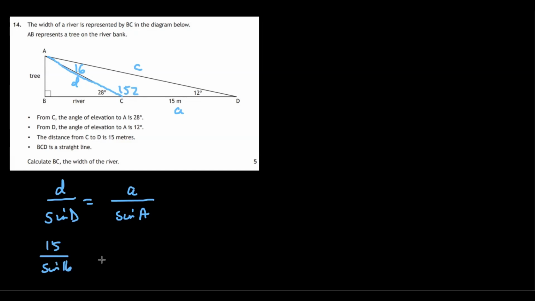So a over sine a equals d over sine d. So sine d is just sine 12. So that's d. And then we just rearrange that to find d. So d equals 15 sine 12 over sine 16.